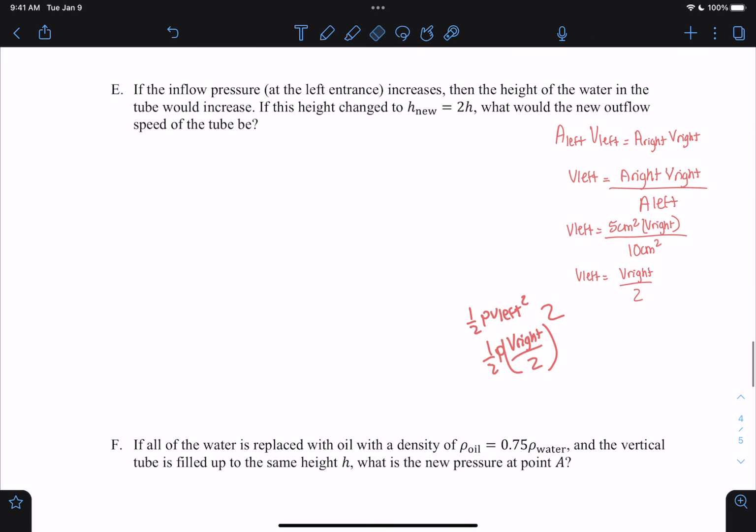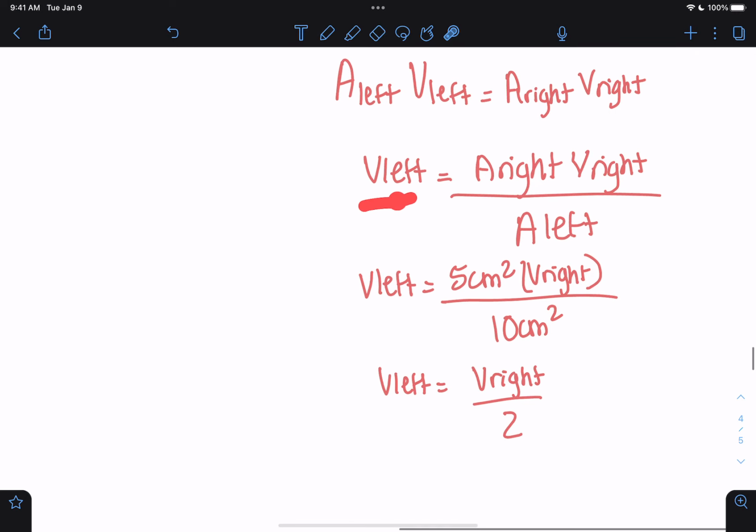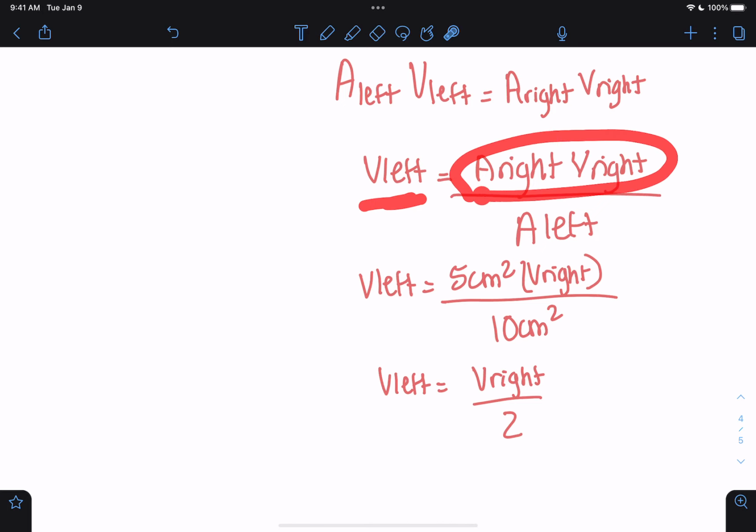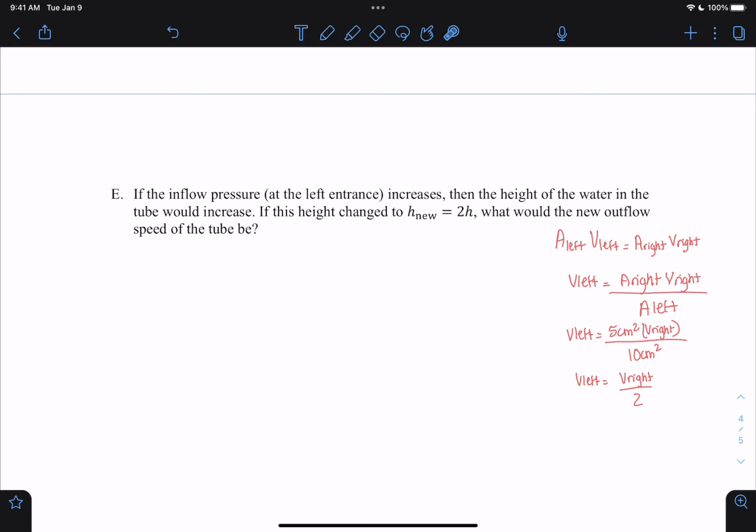So by rewriting it this way using the continuity equation, we can say that the area of the left-hand side times the velocity of the left-hand side should equal the area of the right times the velocity of the right. That tells us that the velocity of the left is equal to area of the right times the velocity of the right divided by area of the left. So 5 centimeters squared divided by 10 centimeters squared times the velocity of the right tells us that the velocity of the left is equal to half times the velocity of the right.